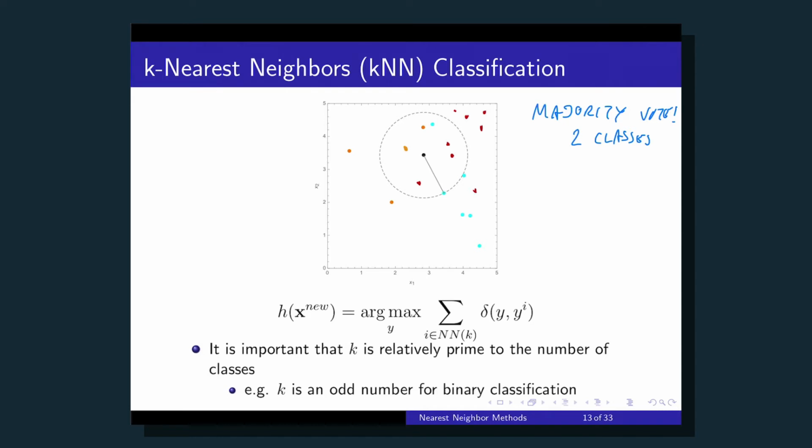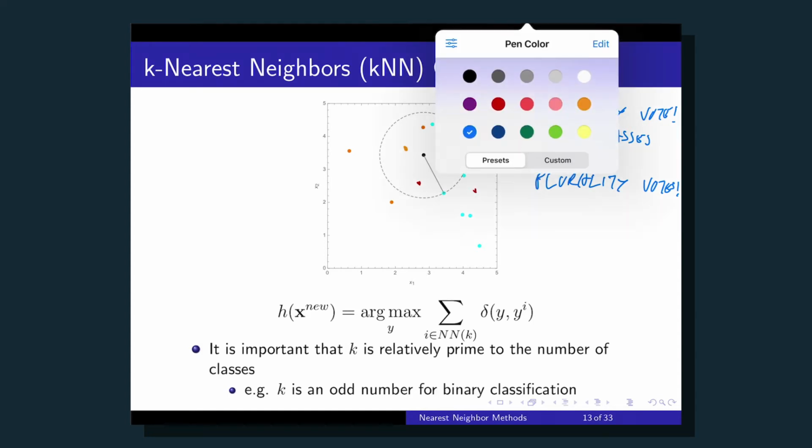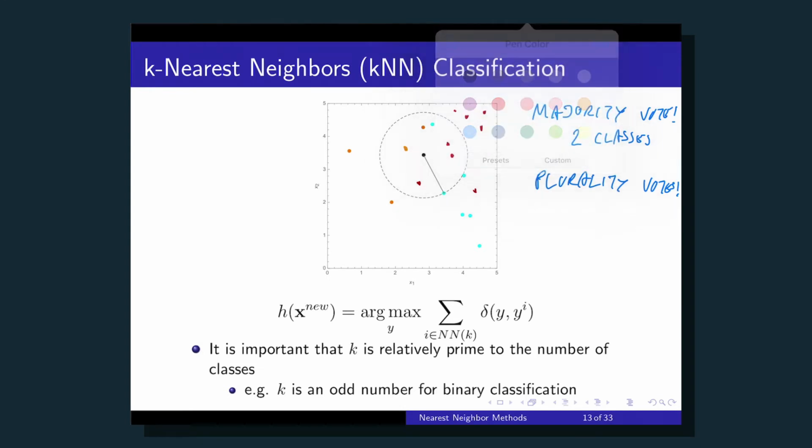So that's what brings us to what are called plurality votes. This works for any number of classes, and what you're doing is you find the class with the highest number of members inside the neighborhood.